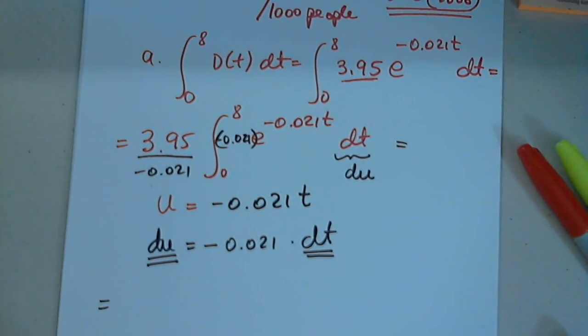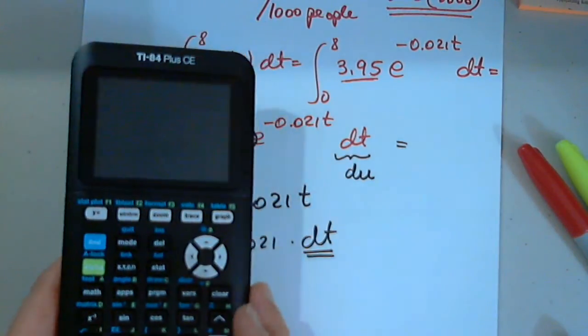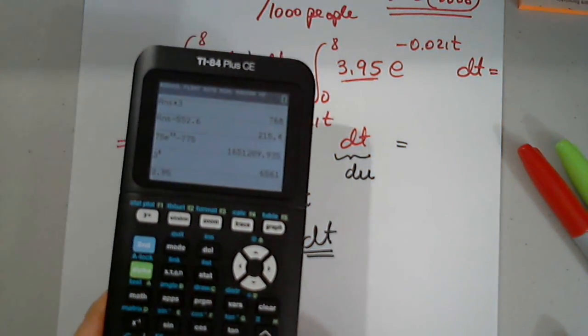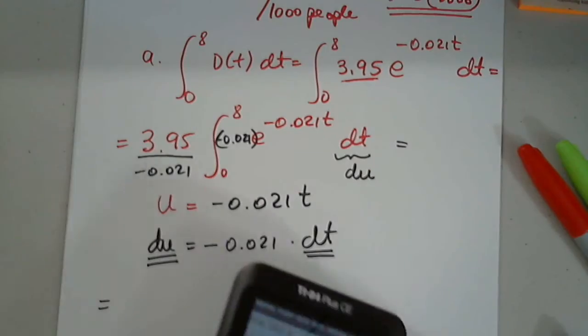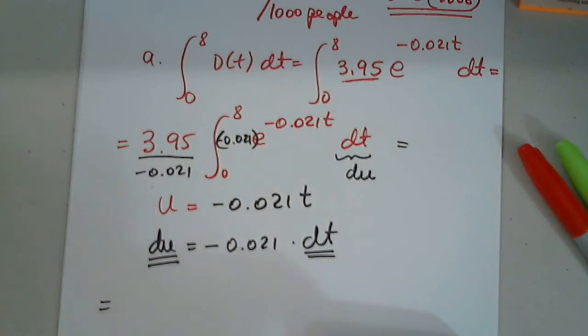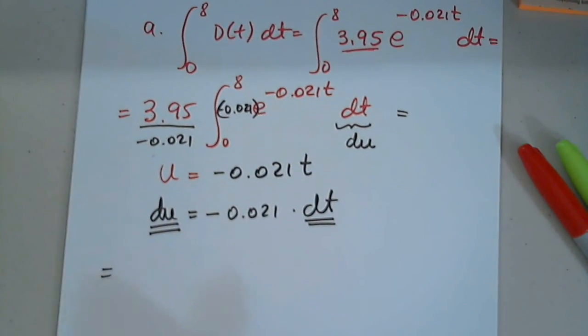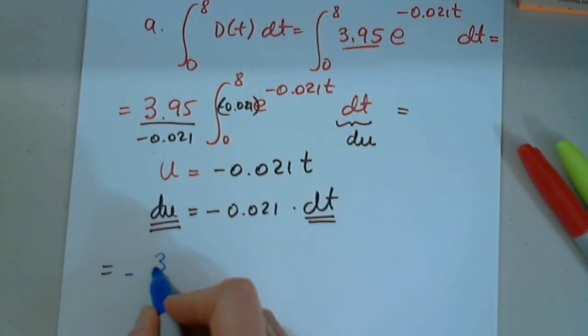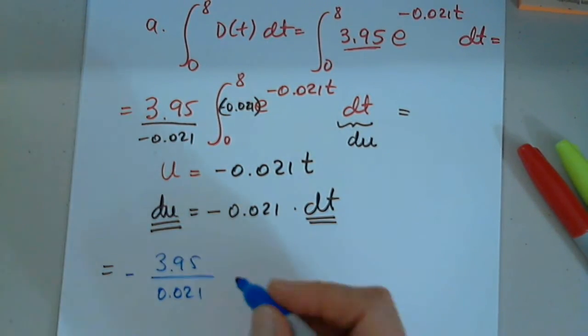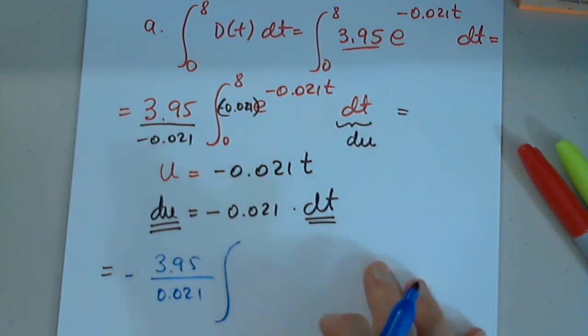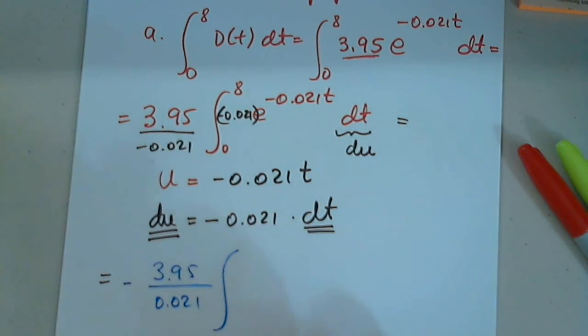So then I will take my calculator and just divide these two: 3.95 divided by 0.021. I got 188. I think I'm going to keep it as is because I don't want an approximation. I thought it was much nicer, but I should have known better. Good. Do not copy the limits of integration, not yet.